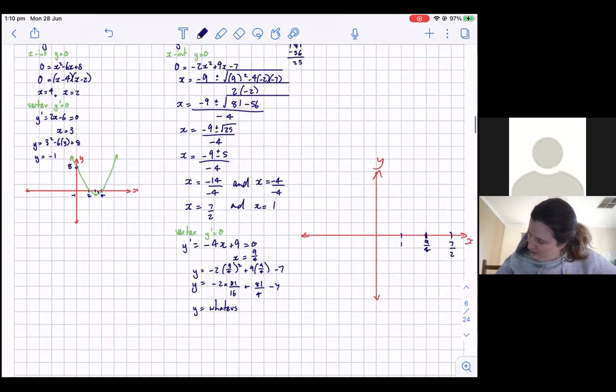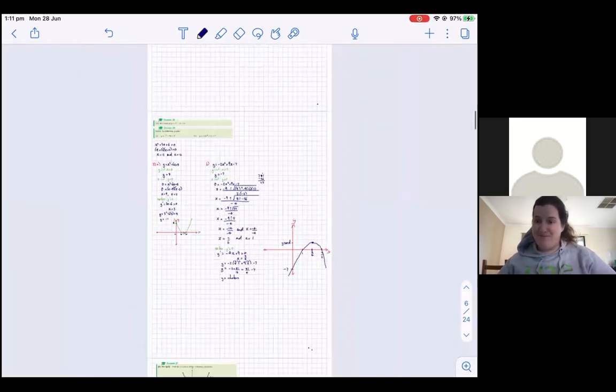My y-intercept is -7, so y-coord. I'm just going to pretend it came out as that. And it's going to look like that, but better.